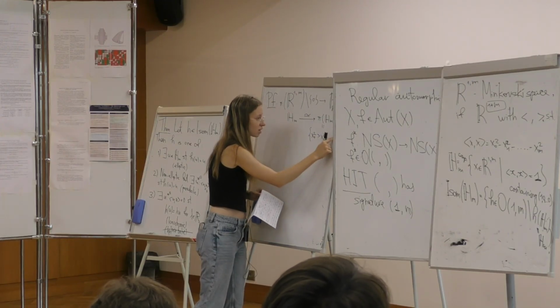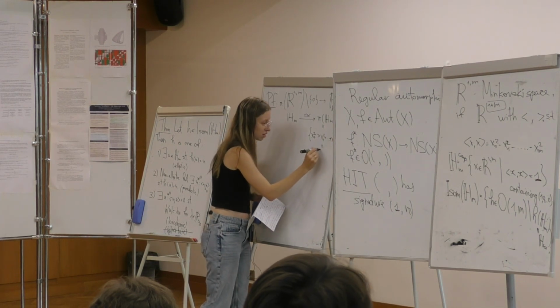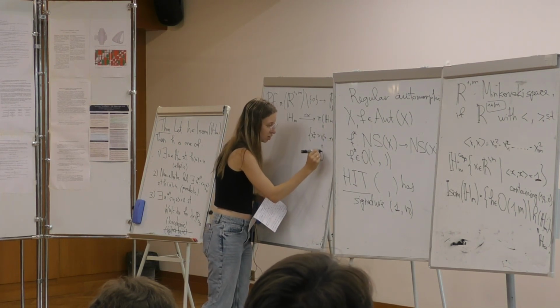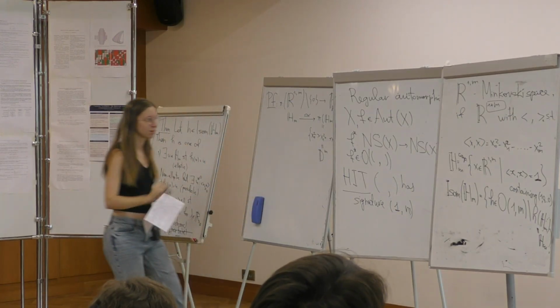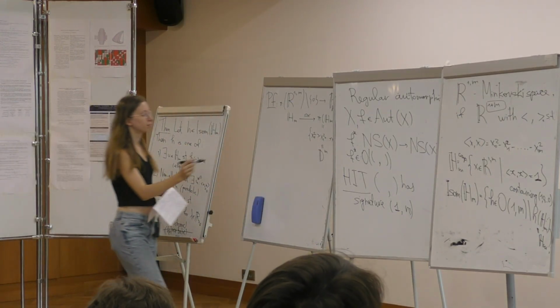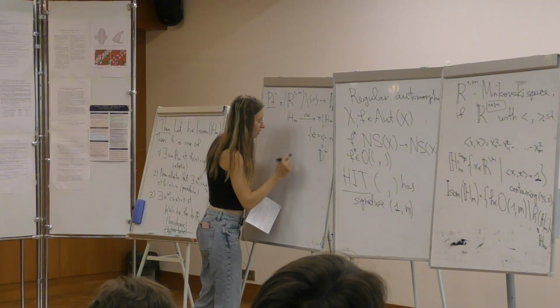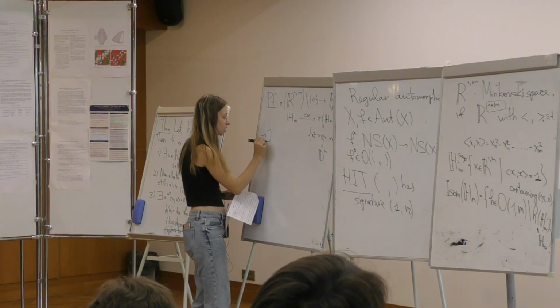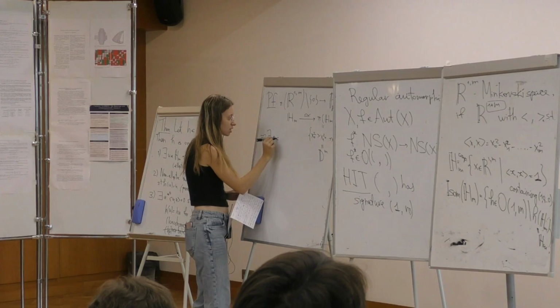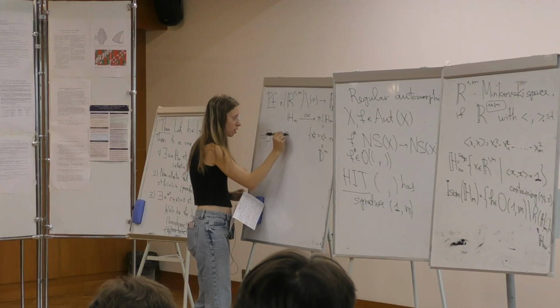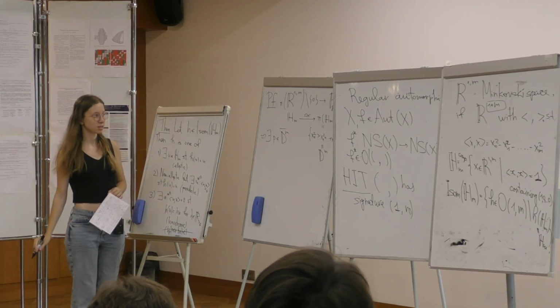I just want to say that this is just a disk, D to the power m. And so there exists a point P inside the closure of Dm which is fixed.